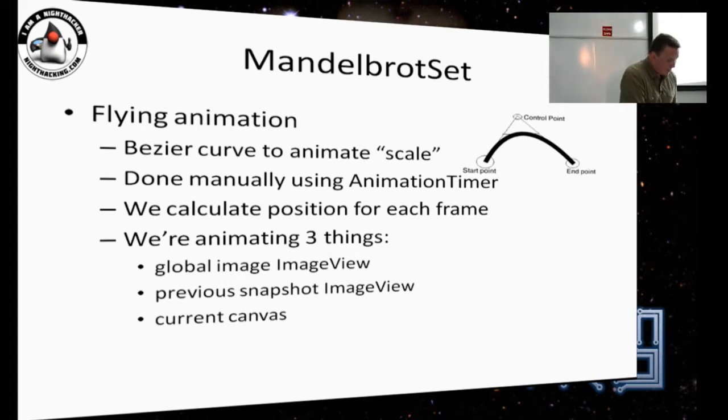So this was done manually. We use an animation timer, which is invoked each frame, and using the time from the timer, we calculate the new position for each frame using the Bezier curve that we calculated and the linear change for the position. And I will show the code.